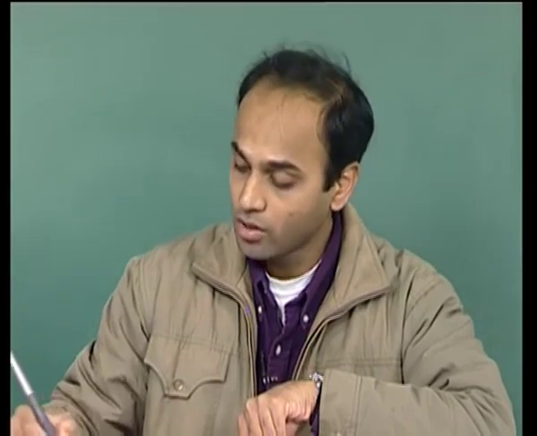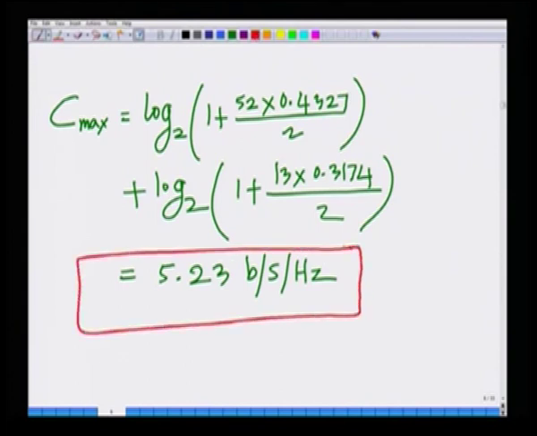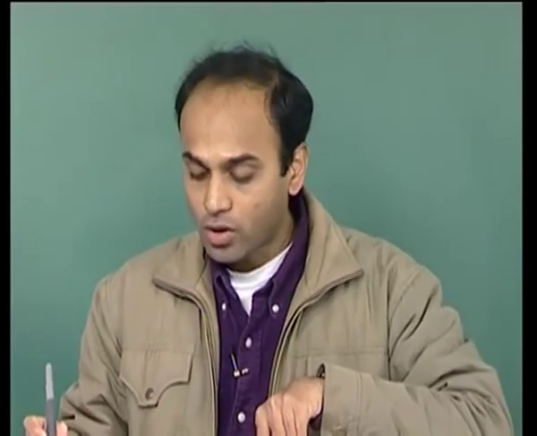So, that capacity is 0. So, this is simply 5.23 bits per second per hertz. You can verify this is 5.23 bits per second per hertz, the maximum capacity corresponding to a total transmit power of 0.75, that is minus 1.25 dB, and corresponding to noise power of 3 dB, that is 2.